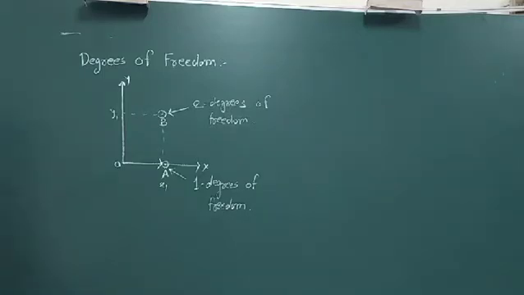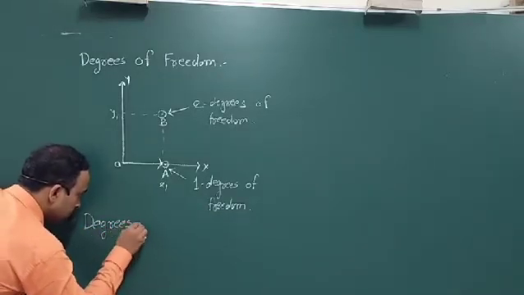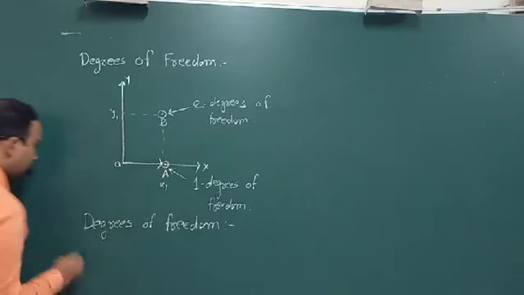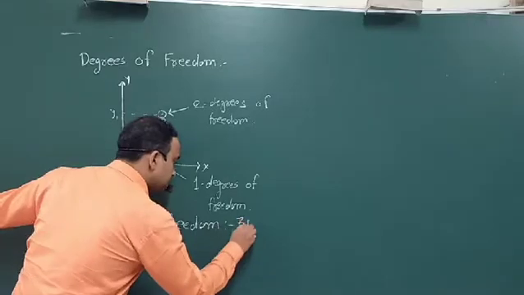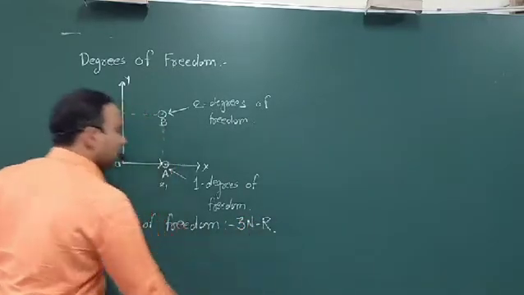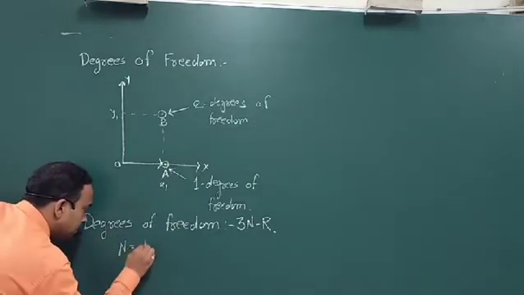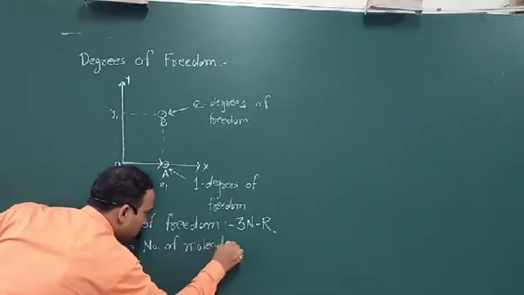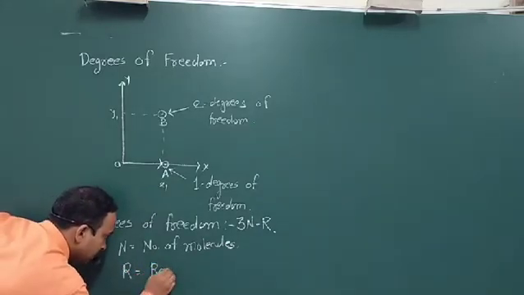In general, degrees of freedom can be calculated by using the formula 3n minus r, where n is the number of molecules and r is the restriction.